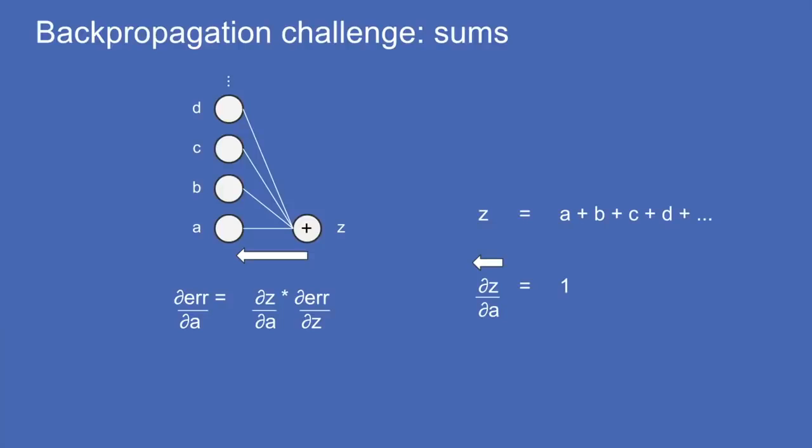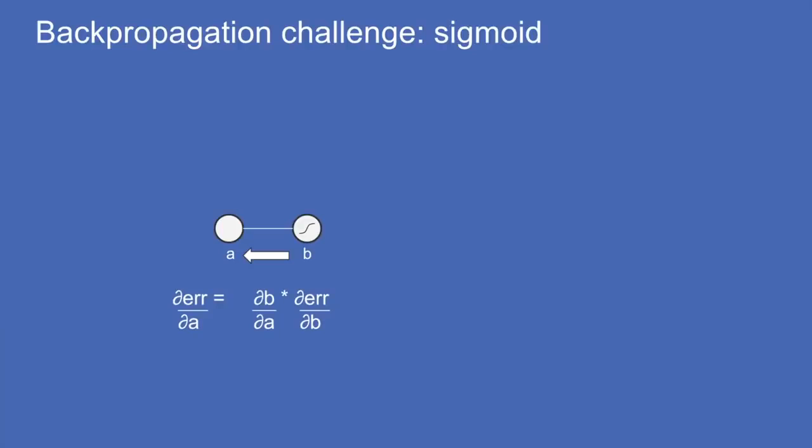If we have a sum of a whole bunch of elements, we increase one of those elements by 1, we expect the sum to increase by 1. That's the definition of a slope of 1. One-to-one relation there. Another element that we need to be able to backpropagate is the sigmoid function.